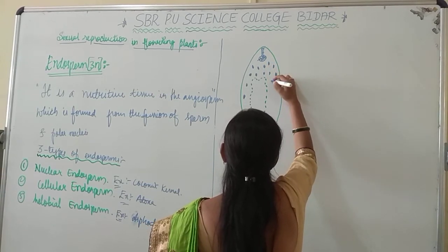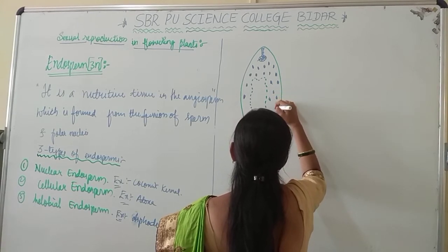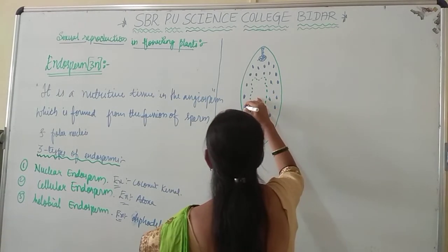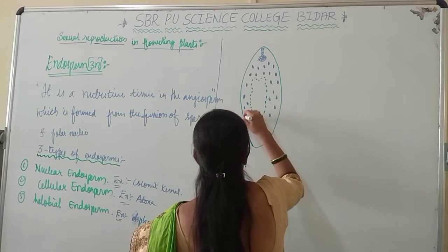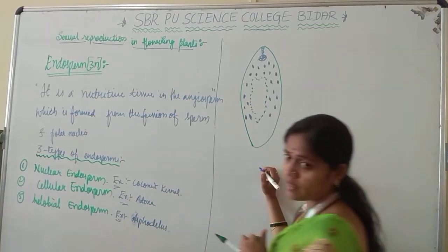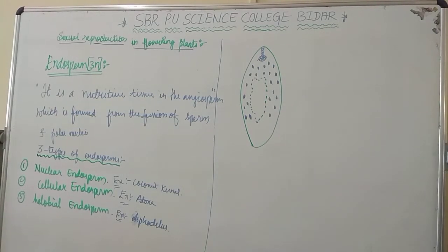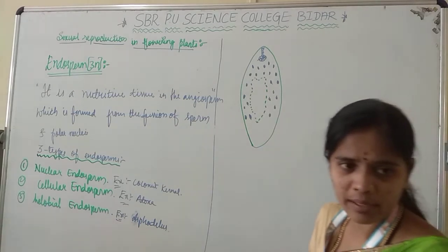What I am drawing is a nuclear endosperm, where only nuclear divisions take place continuously, not followed by cytoplasmic division. Karyokinesis and cytokinesis will be there.